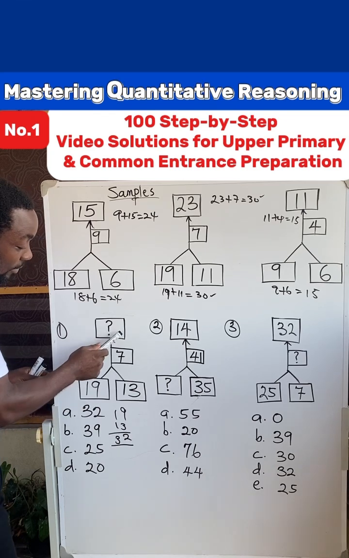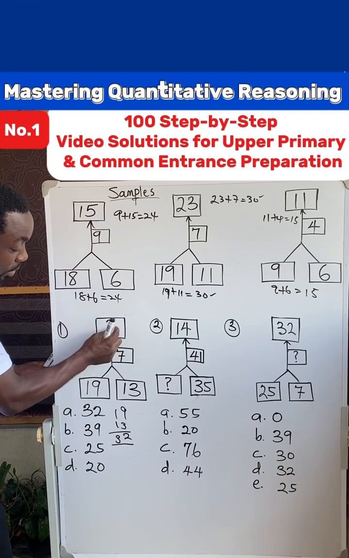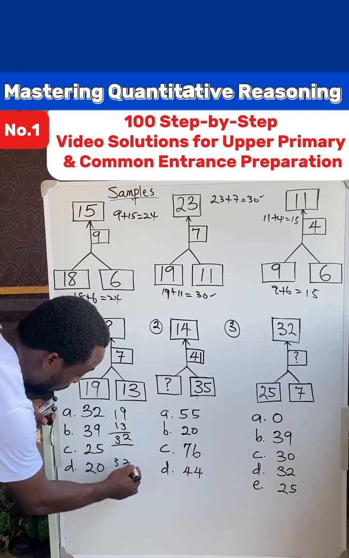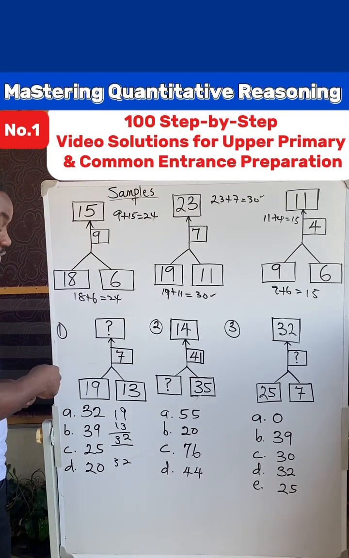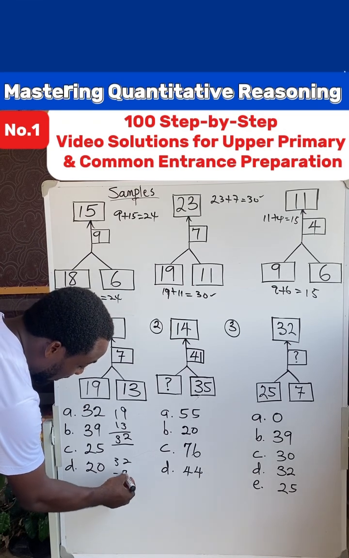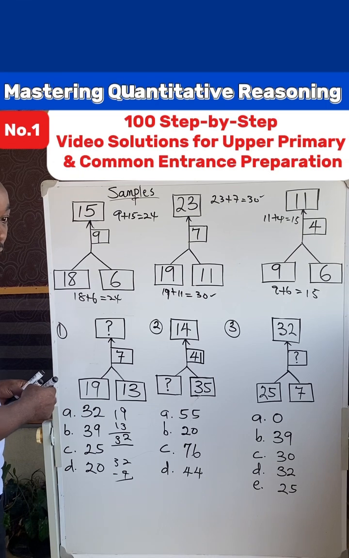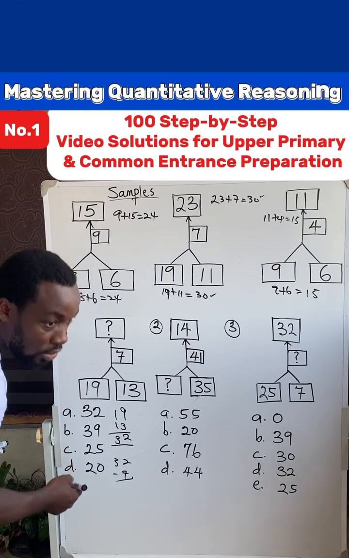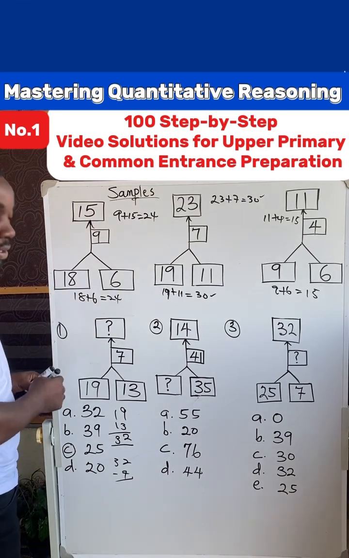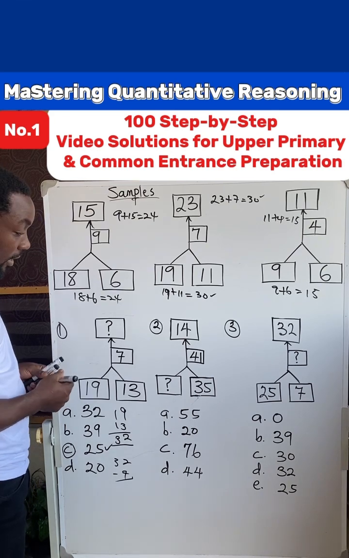Since the sum of these is equal to the sum of these, I quickly say 32 minus 7, because the reverse of addition is subtraction. So 32 minus 7 will give me the number that is supposed to be in this box, and 32 minus 7 is 25. So 25 is option C.